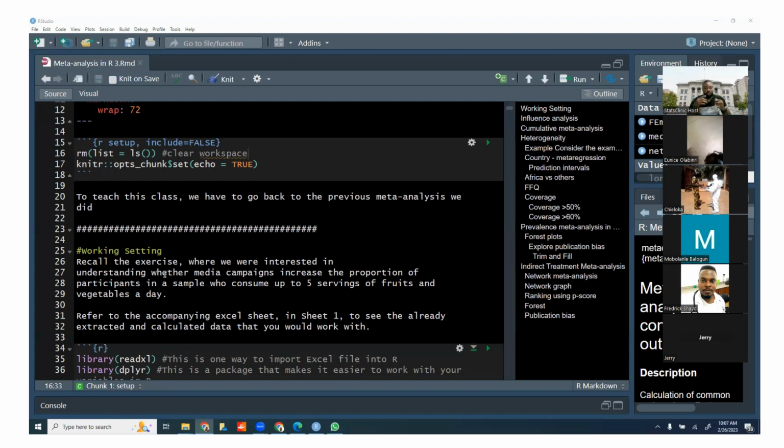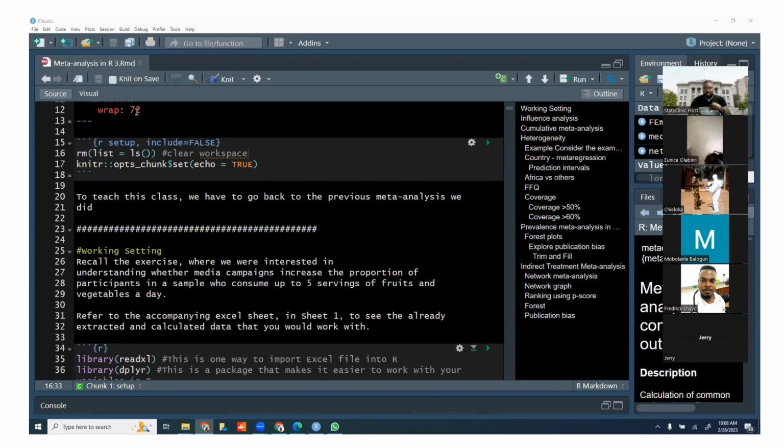But we've also looked at examples where media campaigns increase the mean intake of servings of fruits per day, and that's the continuous outcome setting. So the dichotomous outcome setting is what we're going to use as an example today, but everything that we're going to teach for influence analysis, cumulative meta-analysis, and heterogeneity has the same basic sets of code, so we won't go through it more than once.